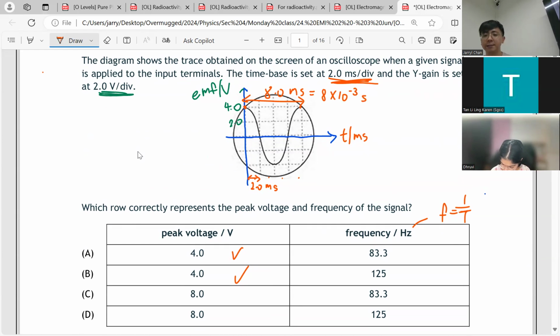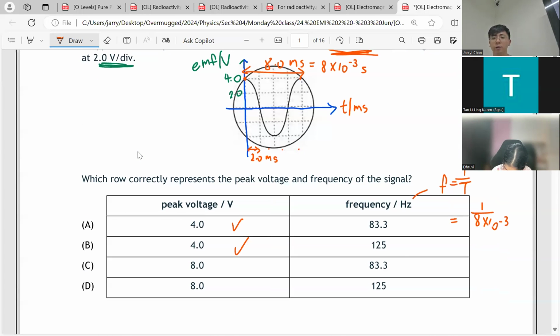How to calculate frequency? 1 over 8 times 10 to the power of negative 3. I should get 125. I do, right? Let me confirm, later it comes out wrong. Okay, correct.